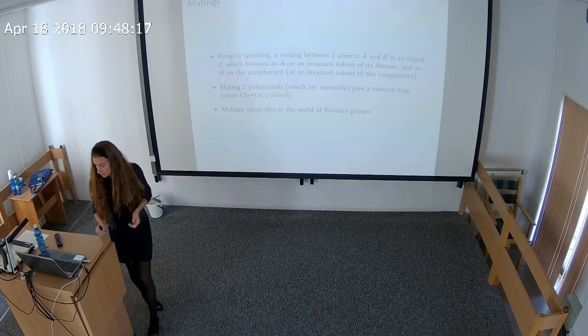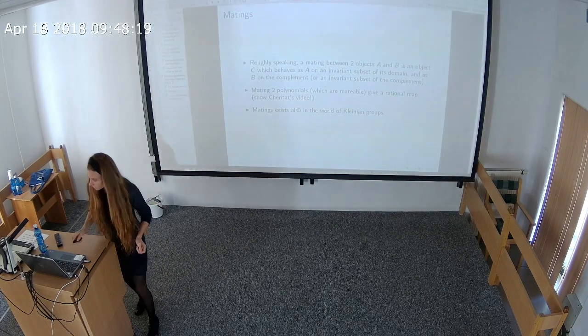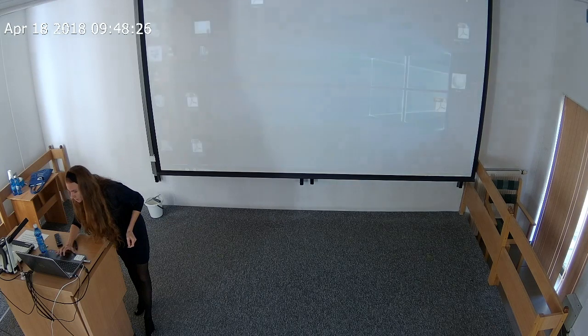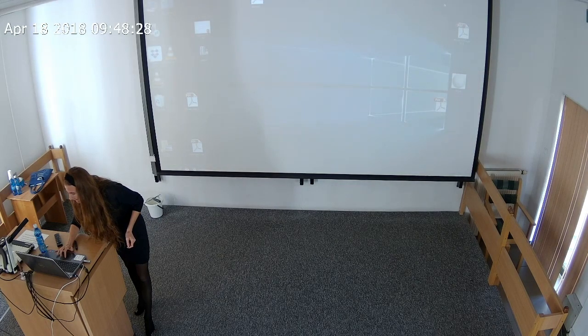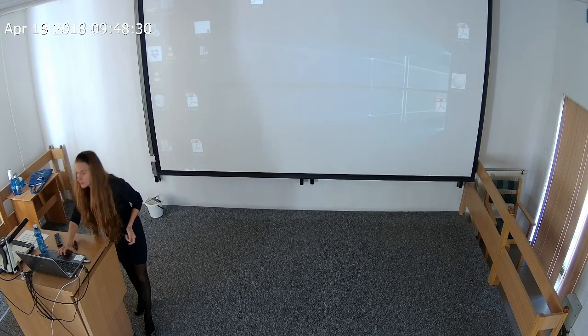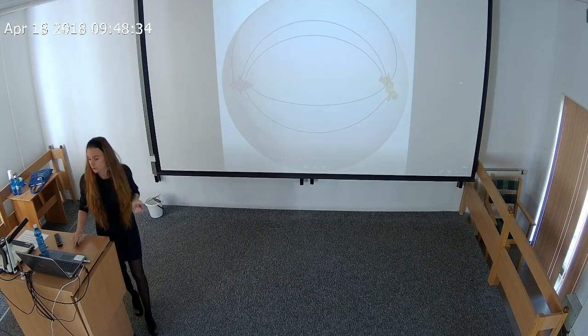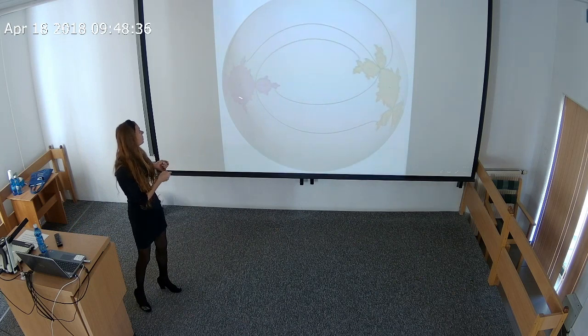I just want to show you a video because I think it's more understandable than me speaking. This video is taken from Cherita's webpage and shows the mating of two quadratic polynomials.